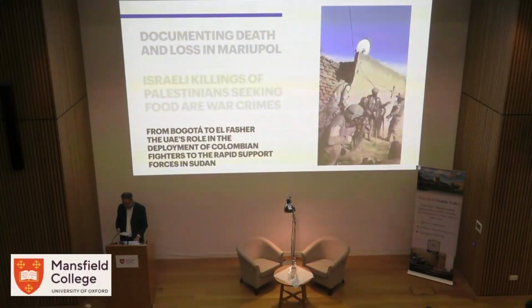And finally, following an intense 18-month siege, Sudan's Rapid Support Forces launched a brutal assault that led to the downfall of El Fasher, the capital of North Darfur, in late 2025.